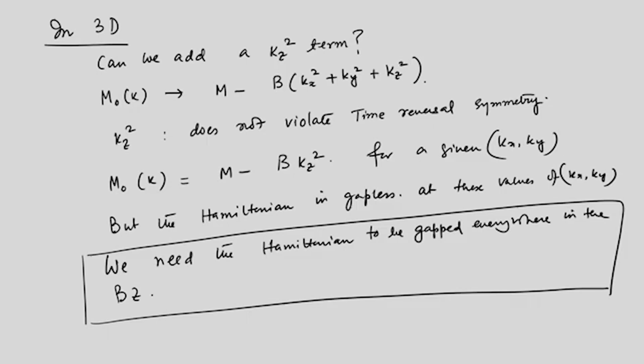There is indeed another way of doing it, and you have to keep two things in mind. So choose a term that is linear in kz. Okay. But this has two problems. One is that again at kz equal to 0, the Hamiltonian or the energy spectrum becomes gapless, and that is what you do not want. And the other problem is that under time reversal symmetry, kz will go to minus kz.